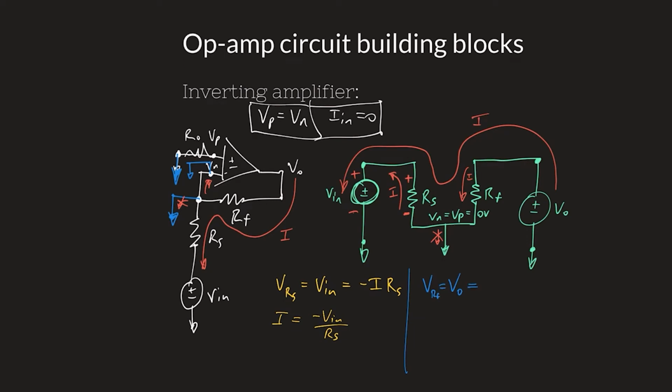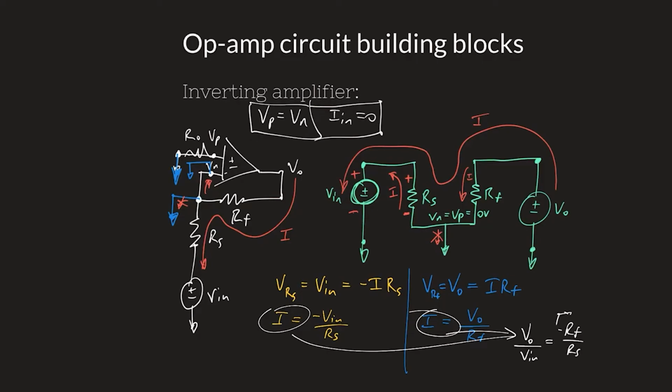And the voltage across RF is just I times RF. So then solving for I, we have the same current here. So that's our inverting gain term.